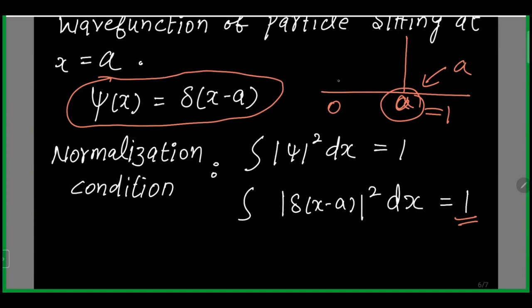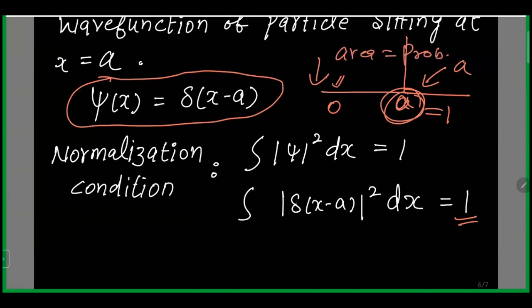And probability of finding the particle at any other place is 0. So this is exactly what the Dirac delta function is. It is 0 everywhere else, but it is infinity at a. And if you take its integration, you will get an area equal to 1, and area is equal to probability.